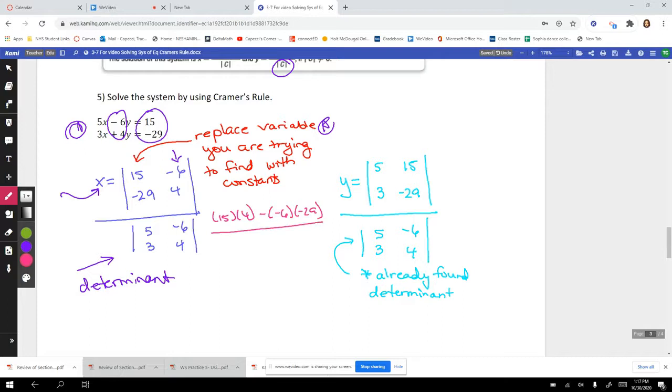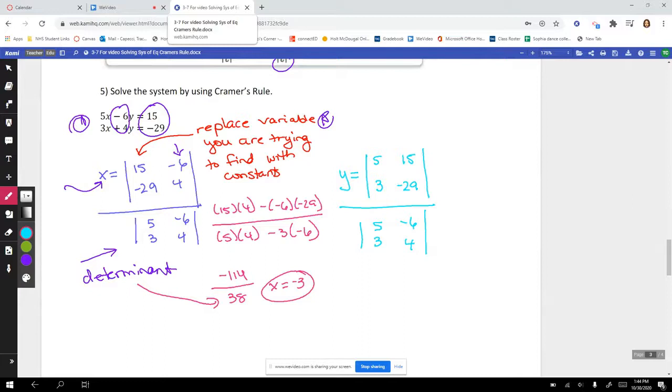On the bottom, I have 5 times 4 with my diagonal minus 3 times -6. Okay, my top simplifies. If I put that in my calculator, I get -114. And the bottom, I have 38. 38 is my determinant. That's going to be helpful. We're going to use that again. So I have x is equal to -3.